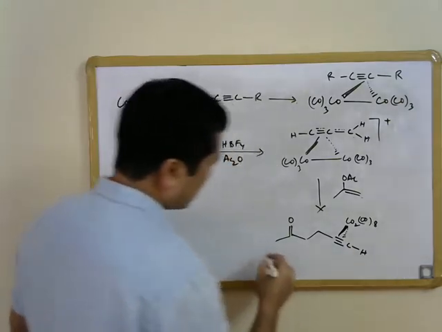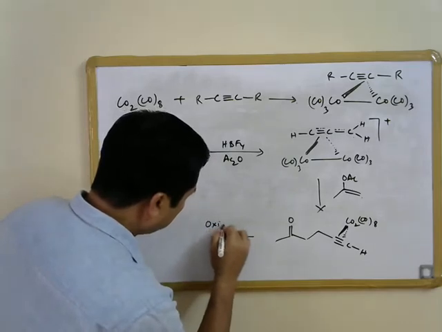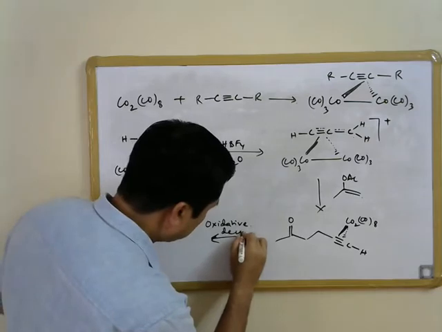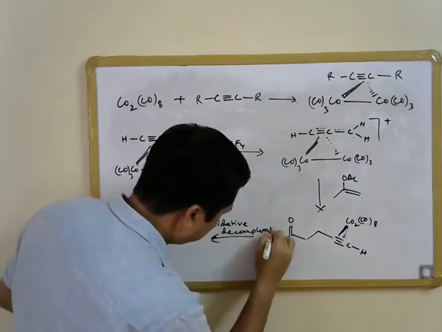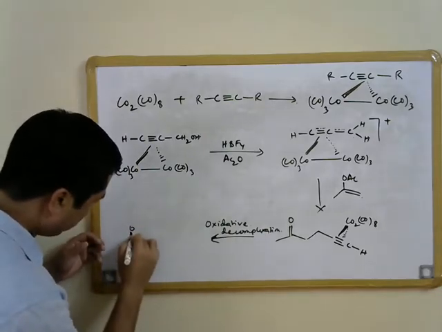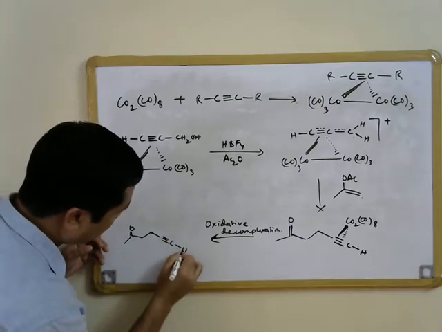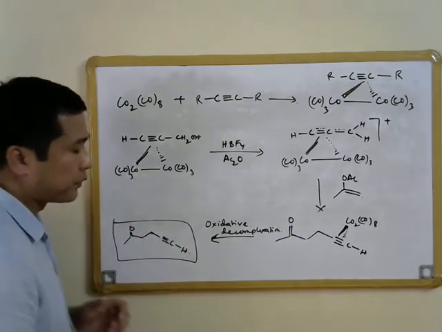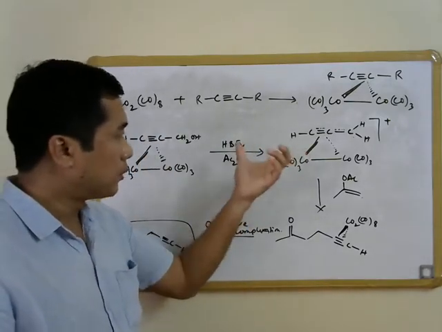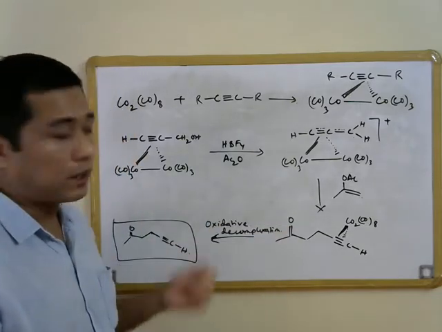This particular compound can now be, if we do oxidative decomplexation, we can isolate the free alkyne. This reaction therefore has a lot of synthetic utility, as we can do electrophilic alkylation reactions by using this route.